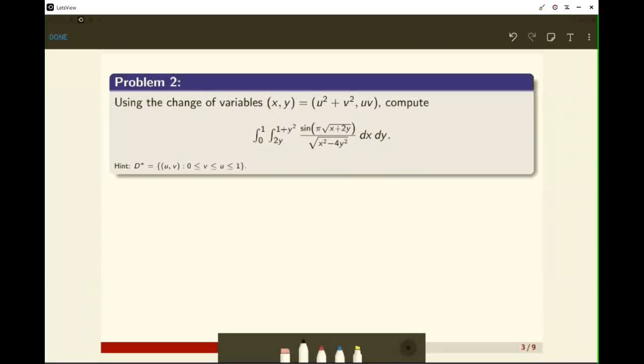So first off, let me sketch it over here in the problem box. In terms of x, y, our region has y ranging from 0 to 1, and then the lower bound on x is twice y.